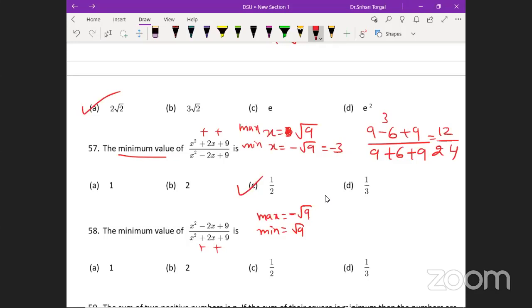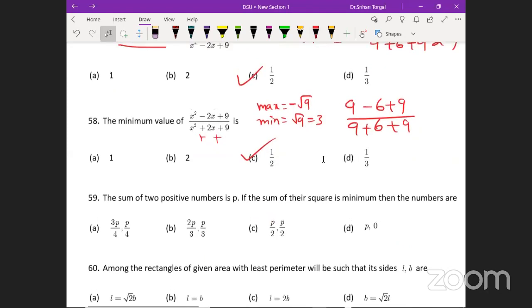Put x equal to 3, you will get the answer. 3 square is 9 plus 6 plus 9. Same answer, 1 by 2, the minimum value.